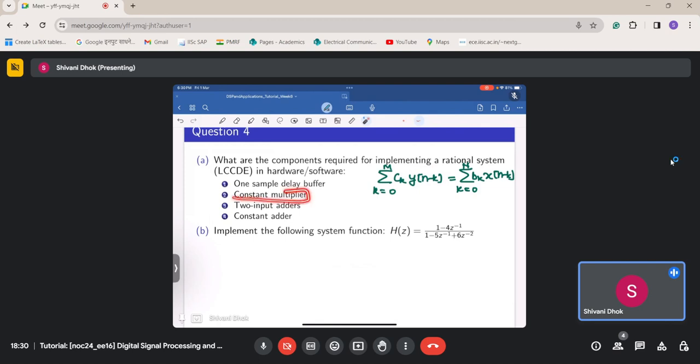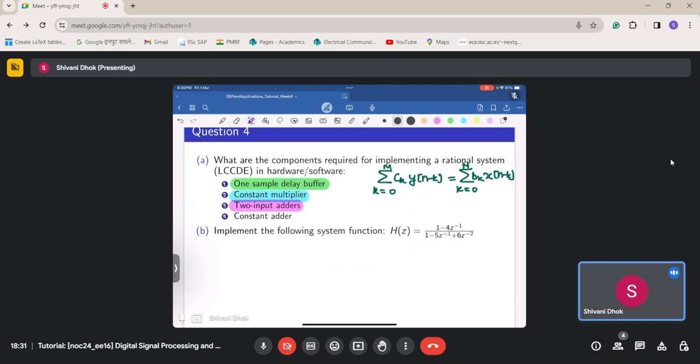To make the shift by k, we cascade multiple one sample delay buffers. And we have a summation outside, so instead of one adder with multiple inputs, we consider just two input adders. So all these are required.